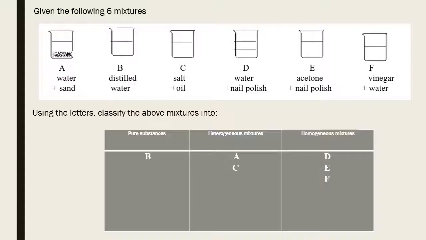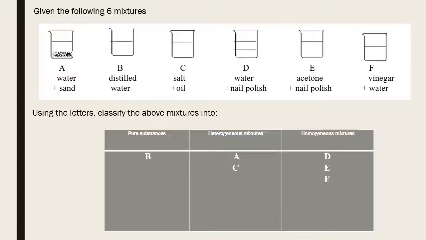These are all pure substances. A heterogeneous mixture is when the two substances do not mix, therefore we see more than one phase. Homogeneous is when the two substances mix, so therefore we only see one phase.